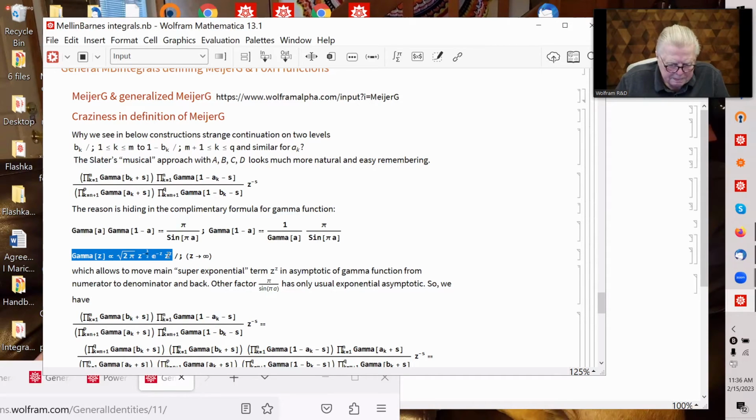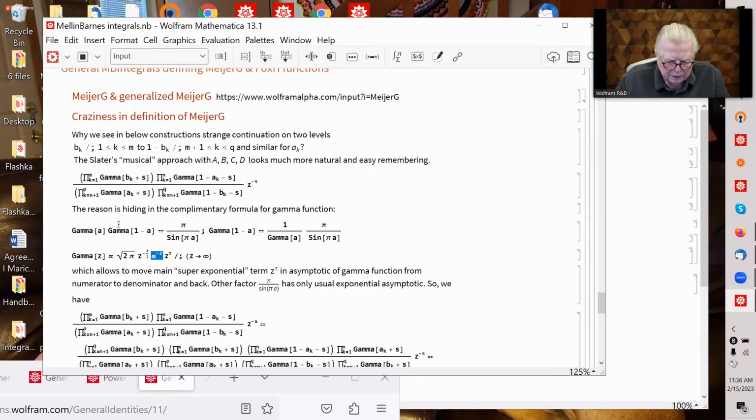In the Stirling formula, I especially wrote three factors, three functions: a power function, an exponential, and what I call a super exponential, because this is a function which grows much faster than the usual exponential function.